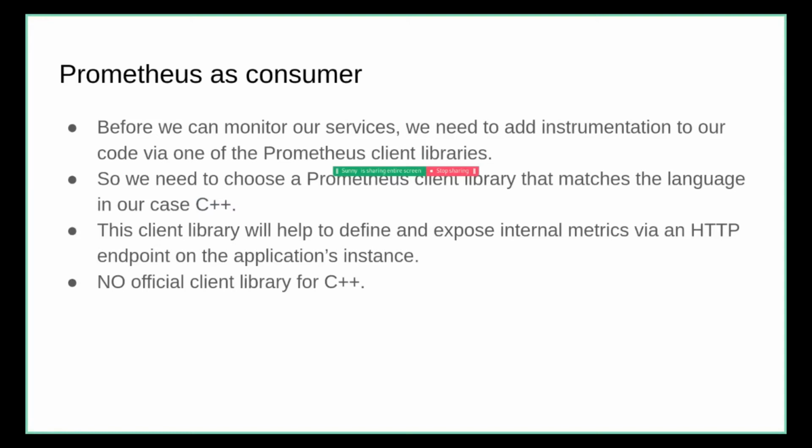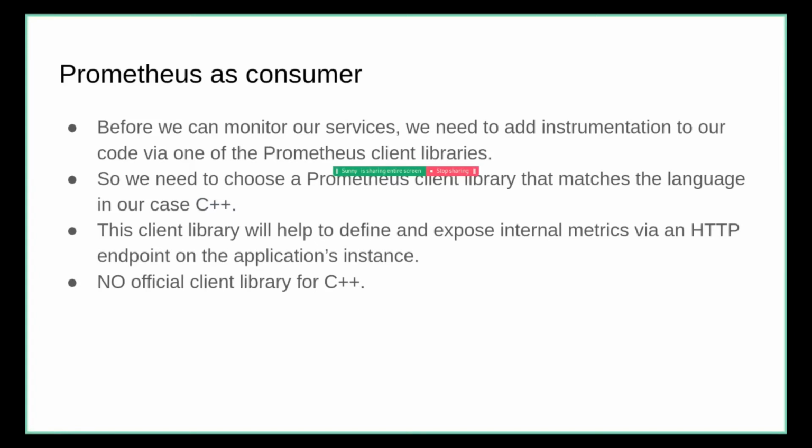It's completely related to RBD, and our code base is in C++, so we need to look at a Prometheus client library which matches the C++ language. But unfortunately, there is no official C++ client library. But basically, how will this client library help us in exposing internal metrics?